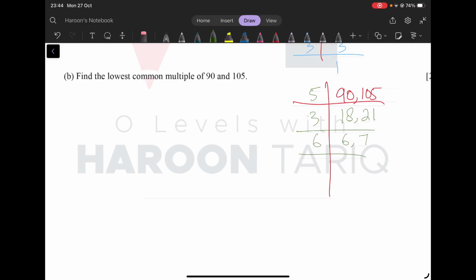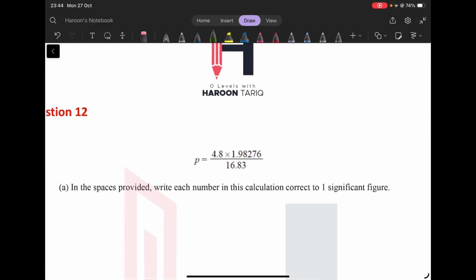I can take 6. I continue because this is LCM 1. This would be 7. I take 7, 1 comma 1. So I just need to do 5 times 3 times 6 times 7, and when I multiply these, I think I get 630. So this should be the answer.